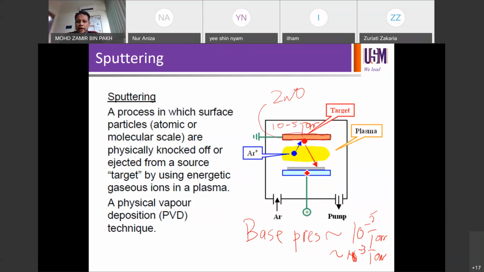And this guy on the other side is maybe silicon. For example, you want to sputter zinc oxide on silicon. This silicon can be connected to negative polarity. You can actually apply bias to the substrate, and you can also apply bias to the target.